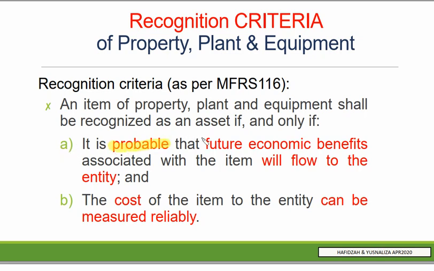It is probable that future economic benefits associated with the item will flow to the entity, meaning you can estimate what you are going to get in return by using that particular item. The cost of the item can be measured reliably. This is the second recognition criteria.